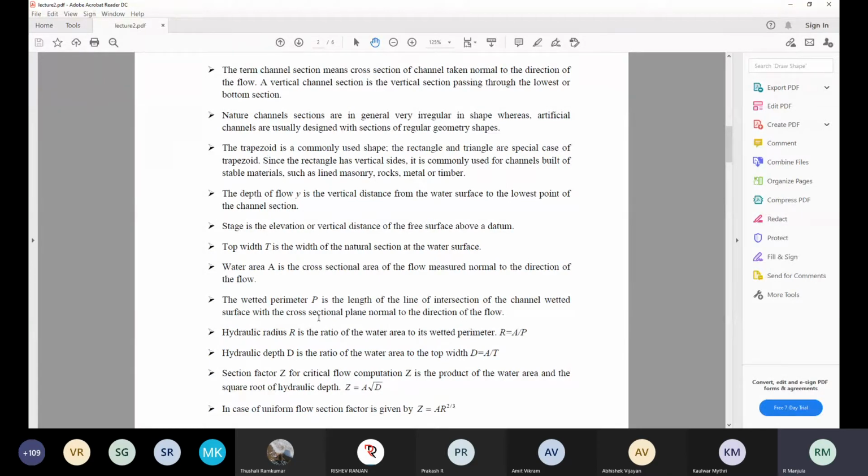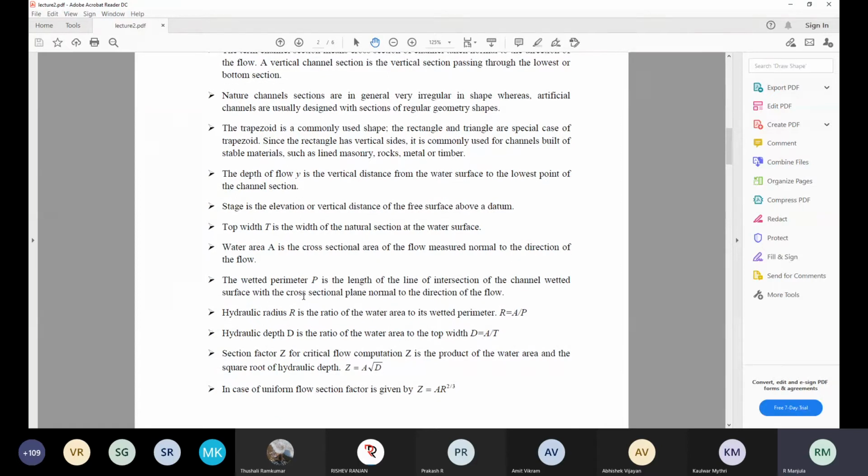And what is the wetted perimeter? Wetted perimeter is the length of the line of intersection of the channel wetting the surface. So whatever is the surface which is wetting.